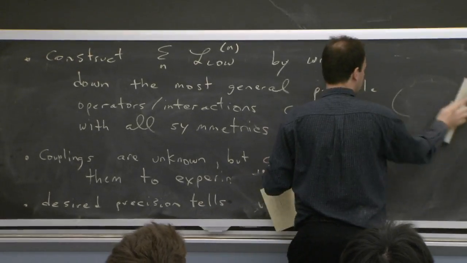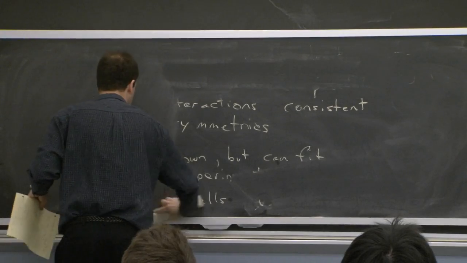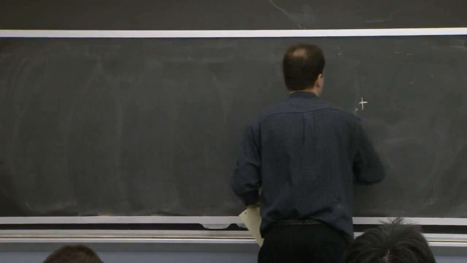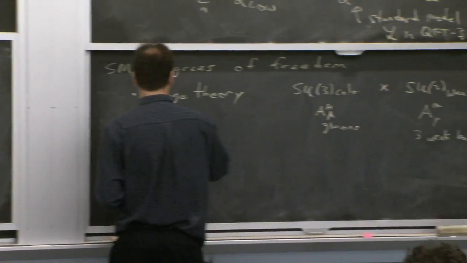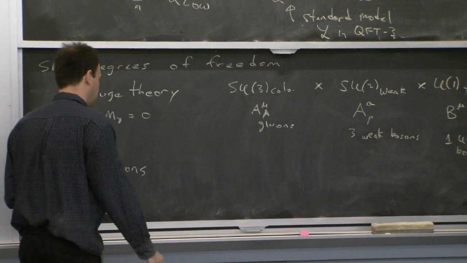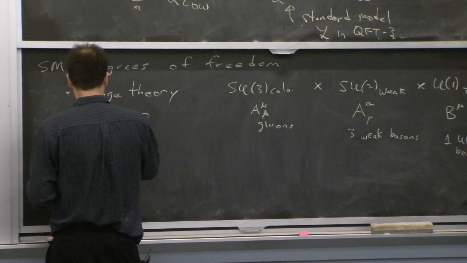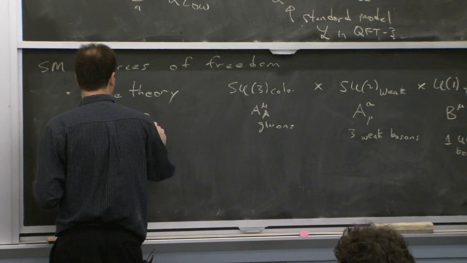So an important thing in thinking about this as an effective field theory is to note what the mass scales are. So maybe I should do that already here. Photons are massless. That's one combination of the weak and U(1) boson. Gluons are massless. That's these guys.